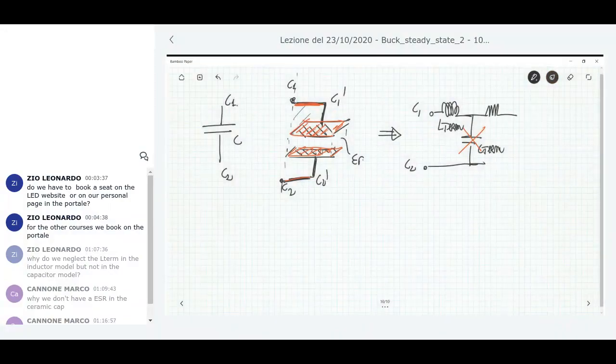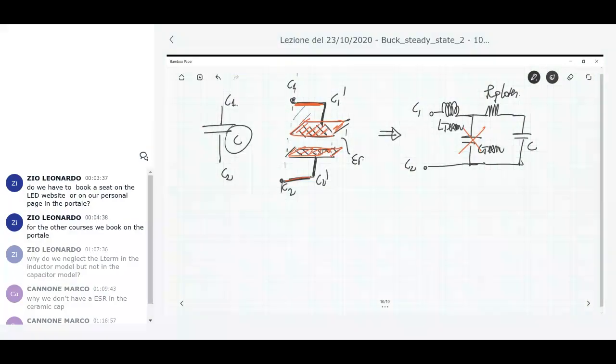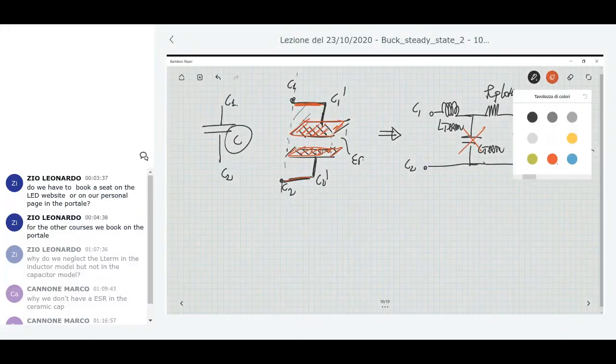This is the resistance of the plates. Then you have the nominal capacitance C, and then you have the dielectric, which has some losses that can be modeled by a resistance, the resistance of the dielectric. Typically the resistance of the dielectric is so large that you can skip it.